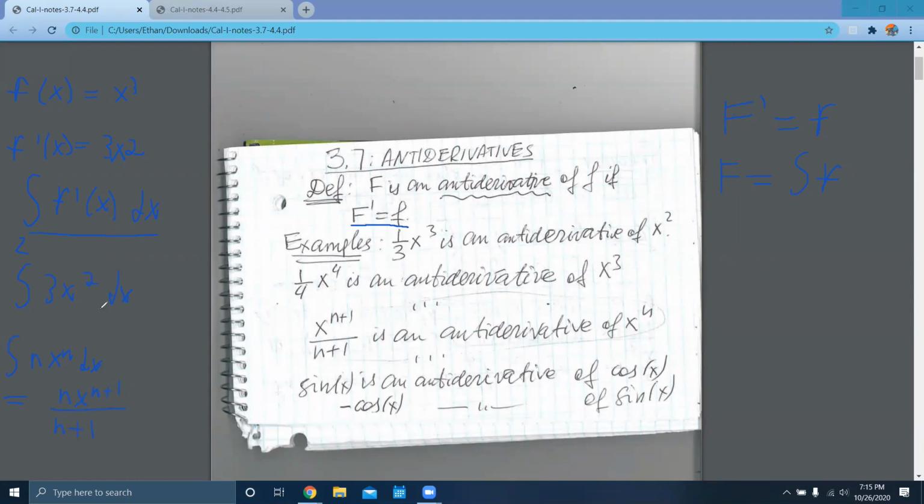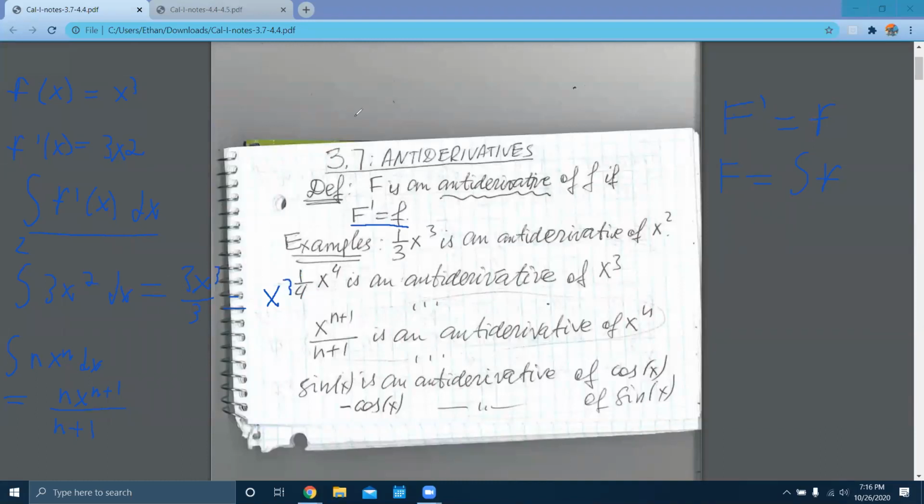It's the exact opposite. So here, 3x squared, we're going to add 1 to the 2 to get x to the third, and then divide. So it's going to be 3x cubed over 3, which gets us back to x cubed.